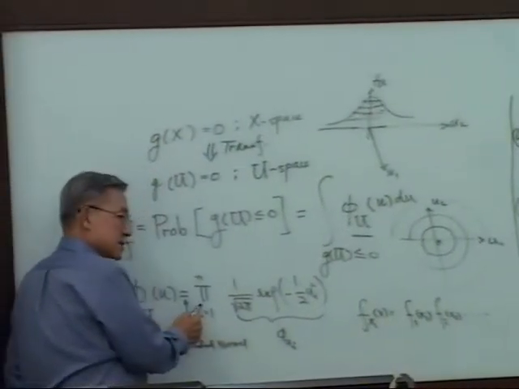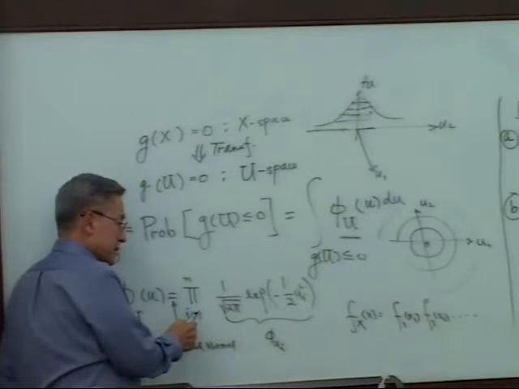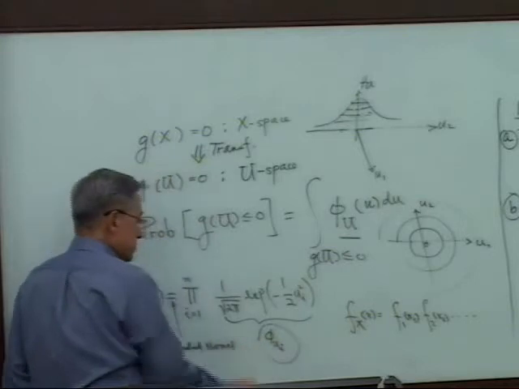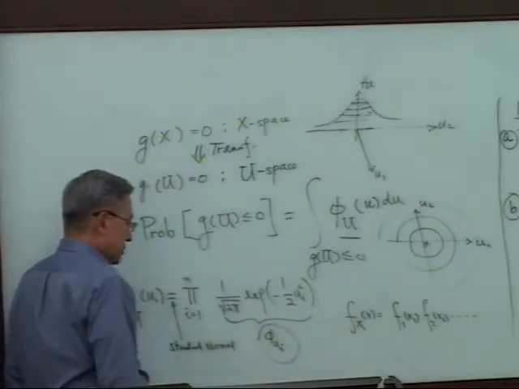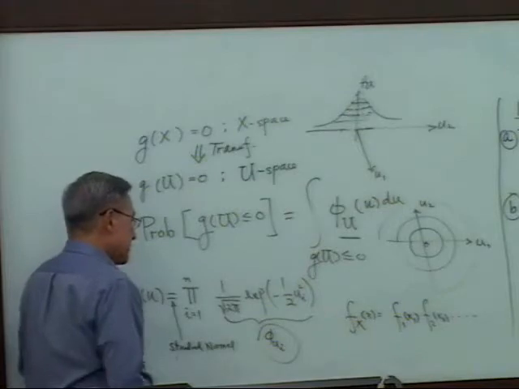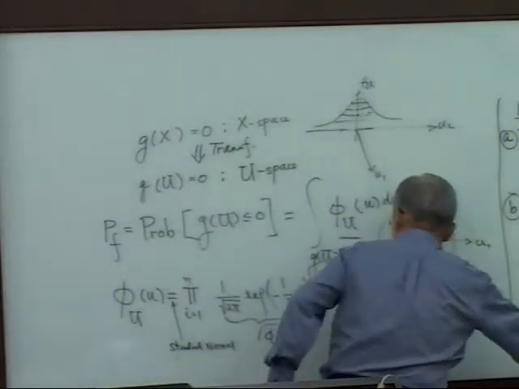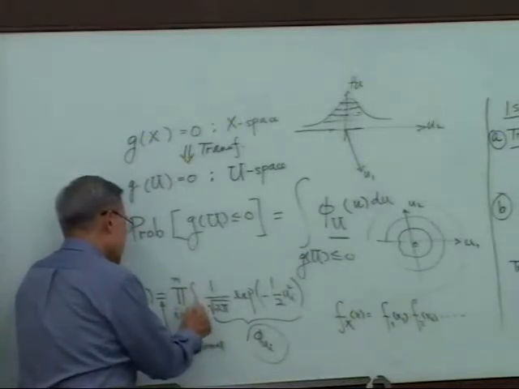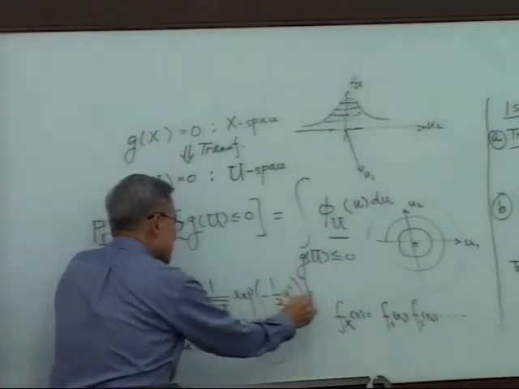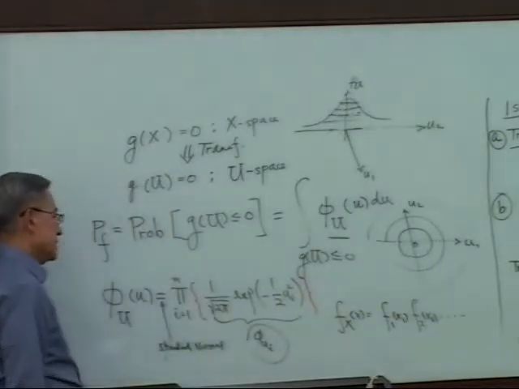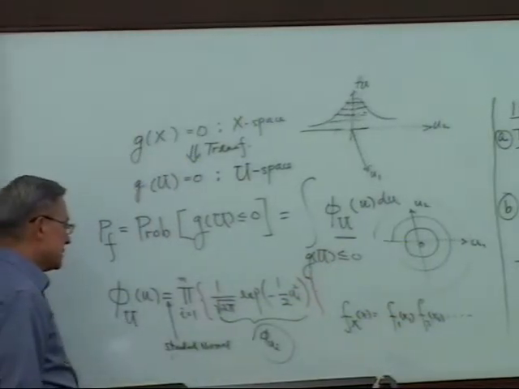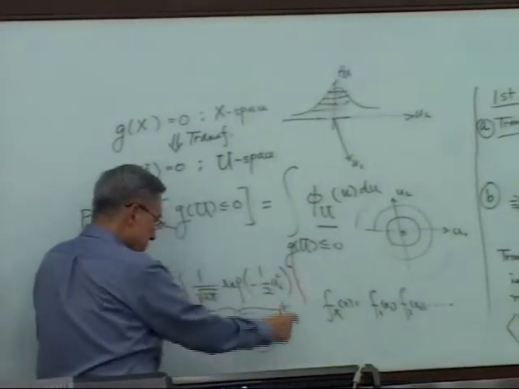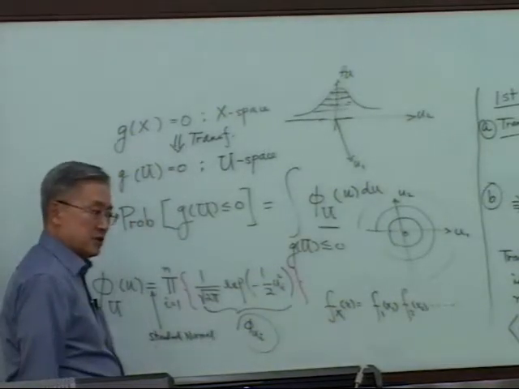So that's why this is simply a product. No magic, okay? So here this is really the standard normal probability density function. But one thing I want to do to avoid any confusion, I'm going to put this guy here. This is the standard normal density function, and this is going to be repeated n times with i changing from 1 through n.